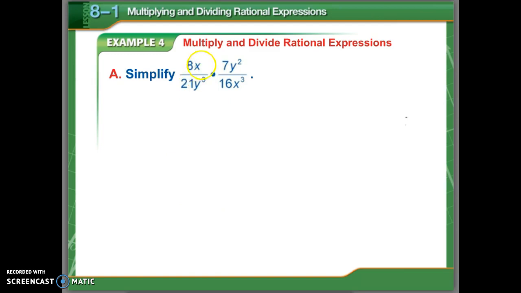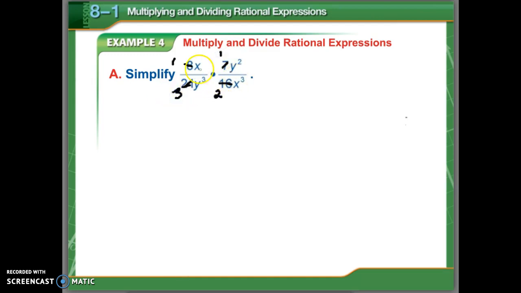Okay. So I see, does 8 go into 21? Nope, it doesn't. Does 8 go into 16? Sure it does. If I cancel out 8 over 16, that's just 1/2. So this is a 1, this is a 2. 7 over 21. That also simplifies into 1 over 3.